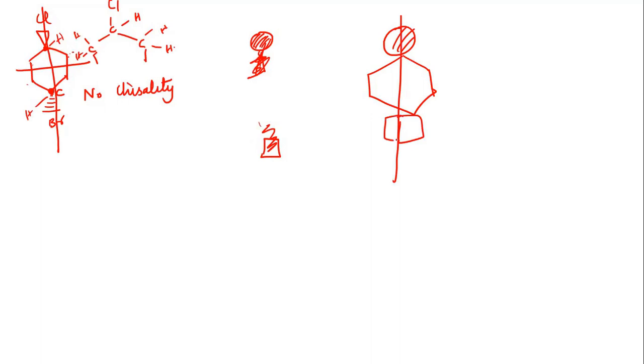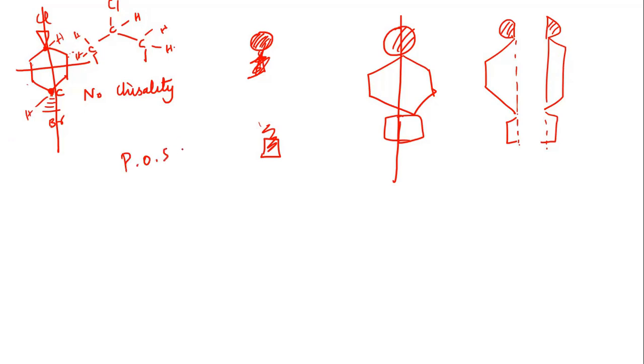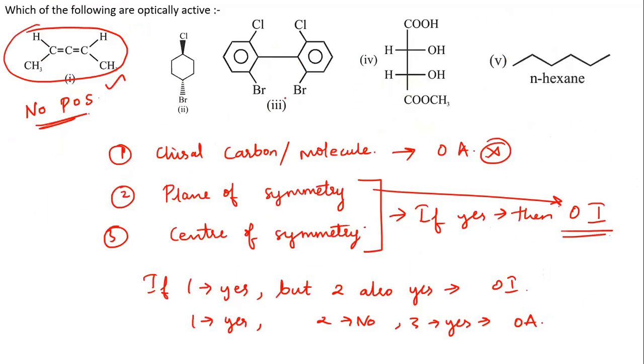When we cut this into this half, we have this, and another half. Both are identical, both are symmetrical. Plane of symmetry is present. No further ado, this guy is not optically active. Second one, not optically active.